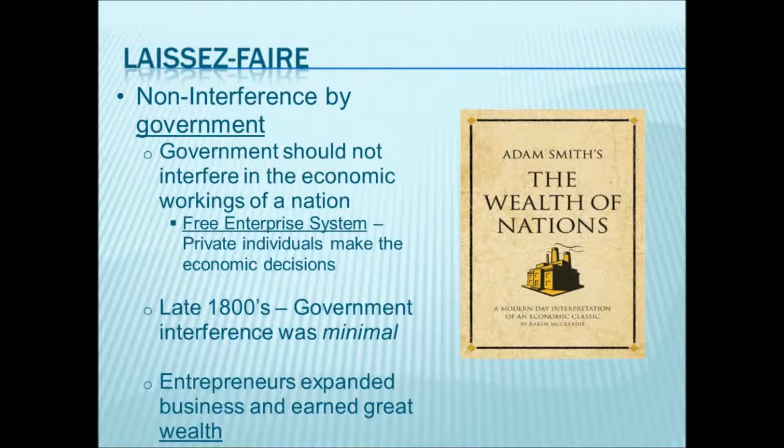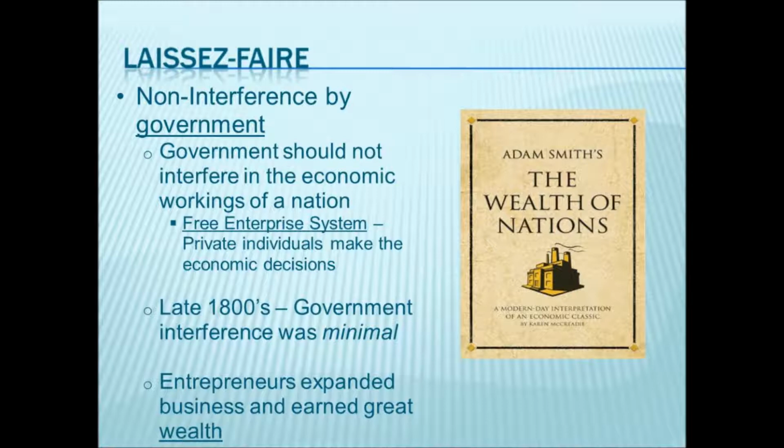In the late 1800s, government interference was minimal. There was literally close to no government interference, and we're going to talk about in later PowerPoints why that's a problem. On the right, you have The Wealth of Nations by Adam Smith. If you remember from last year, Adam Smith was the man who preached capitalism, the idea that people should be the ones who decide what is produced in the country and the supply and demand, and this idea of a free enterprise system where the government really has no say at all in the economic workings of the country.